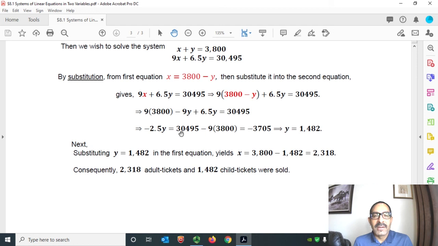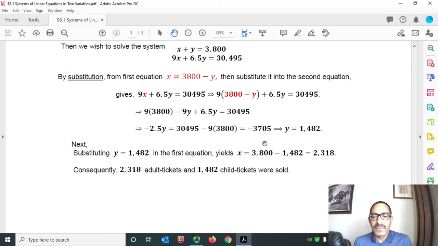So we have on our right-hand side 30,495 minus 9 times 3,800. Great. Then simplify. The constant on our right-hand side is equal to minus 3,705, and divide both sides by minus 2.5, then y turns out to be 1,482.